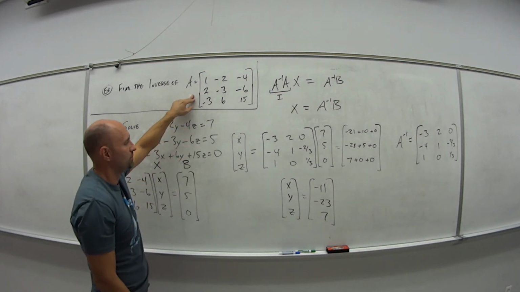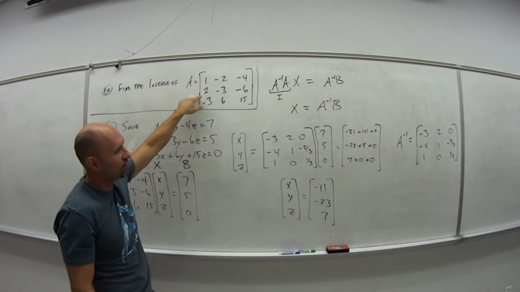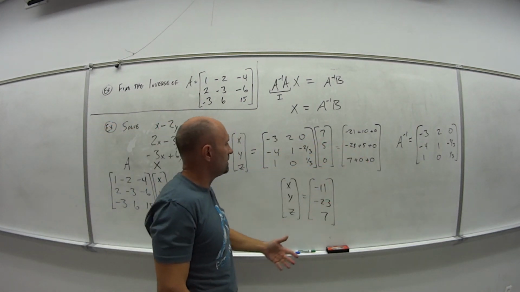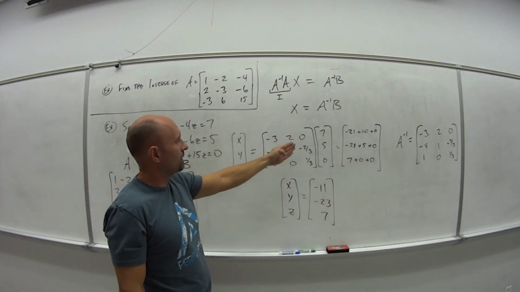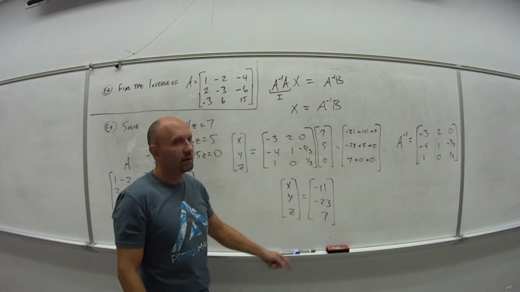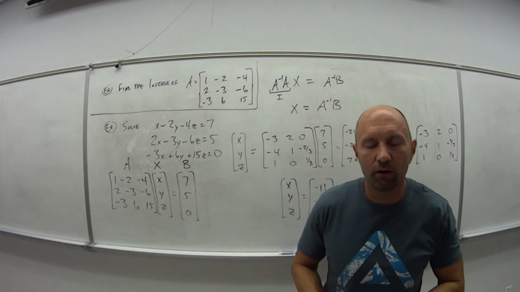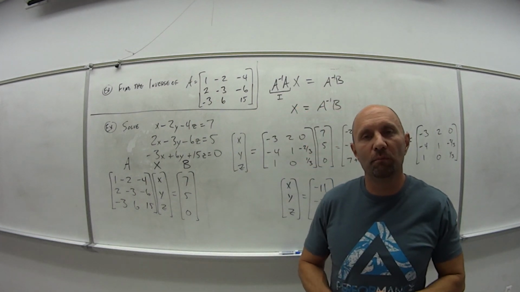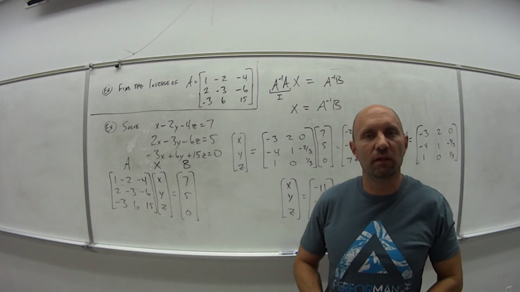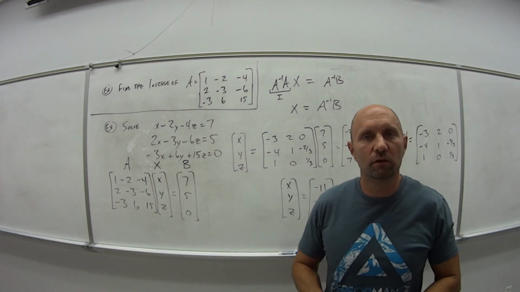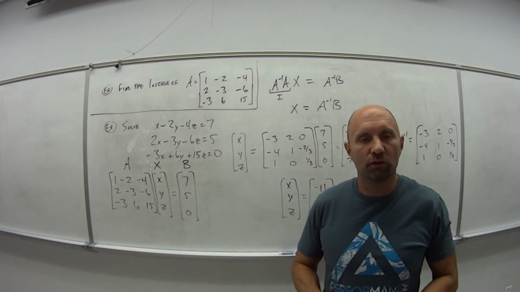I don't have to find the matrix C. I don't have to do any of that long stuff. I'm already given what I need, which is just the inverse matrix times the constants, and that gives me my answer. So it's a cool little shortcut for solving these systems if you're given the inverse matrix of the matrix of the coefficients.